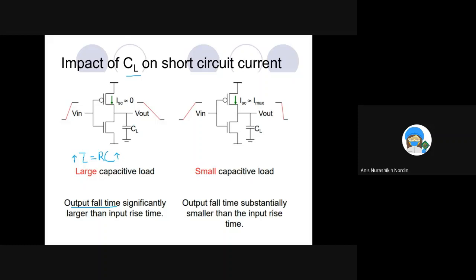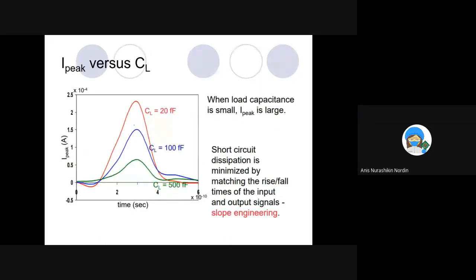Okay, so I peak versus capacitive load. When the capacitive load is small, I peak is large, right? You can see here it is inversely proportional, because when you have a lower load, more current can pass through. So this is CL, the capacitive load, 20 femtofarad.